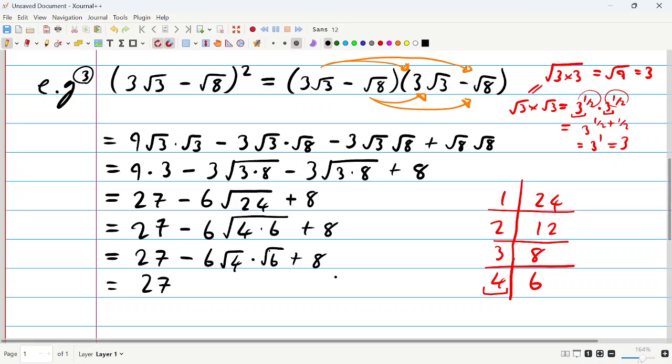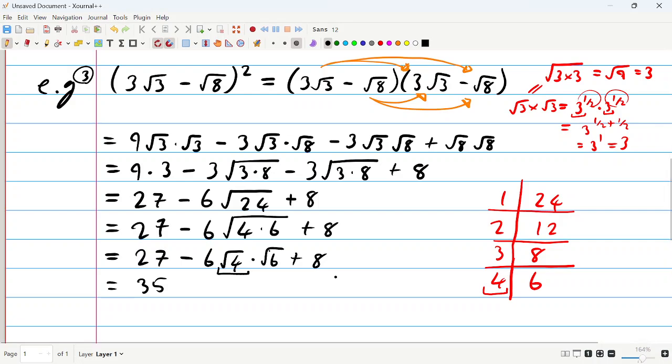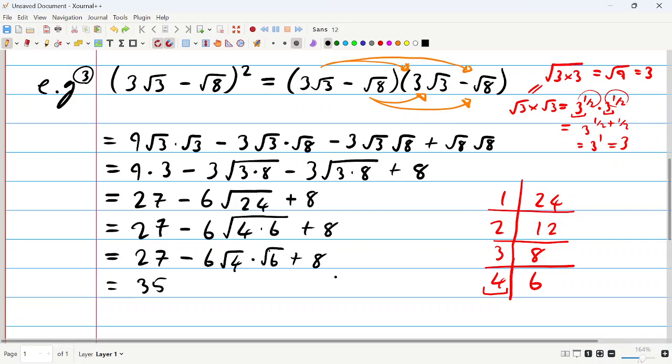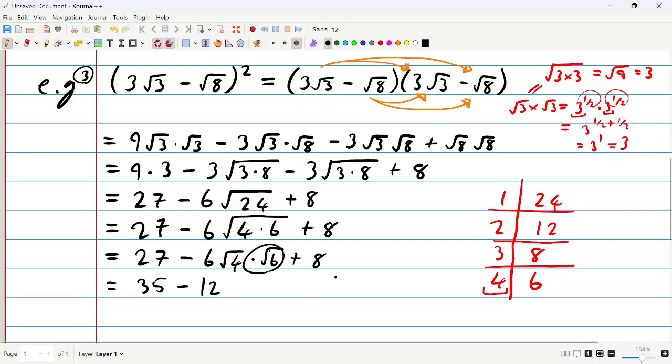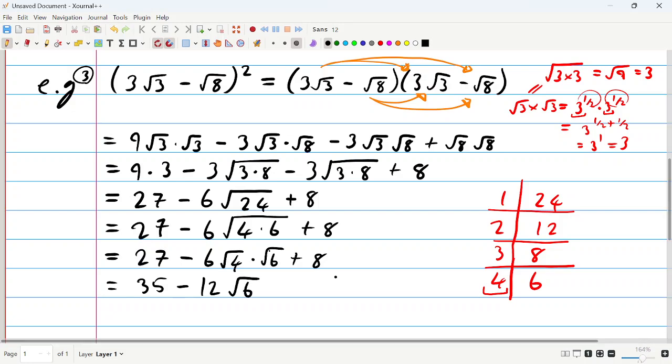Now we can simplify it further. Actually, we can just take the 27 and add it with the 8 already. And 27 plus 8 is equal to 35, right? And then from here, the square root of 4 is just equal to 2. And 2 multiplied by 6 is 12. Then we're just left with multiplied by the square root of 6.